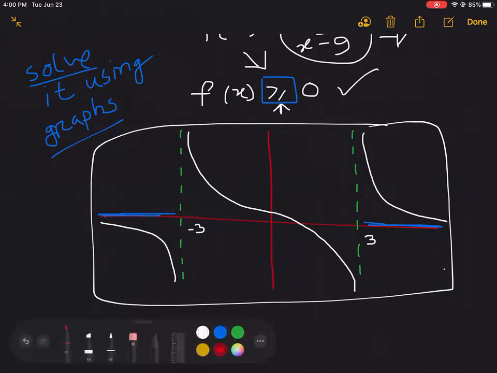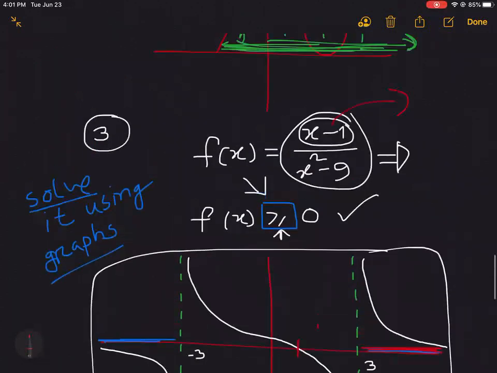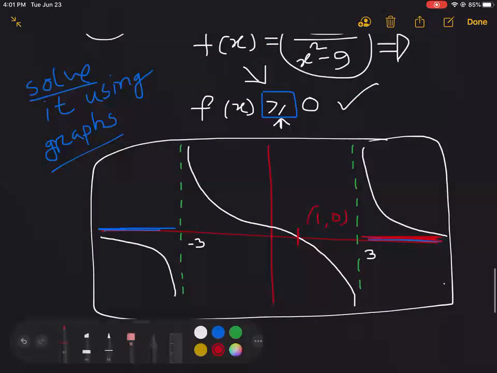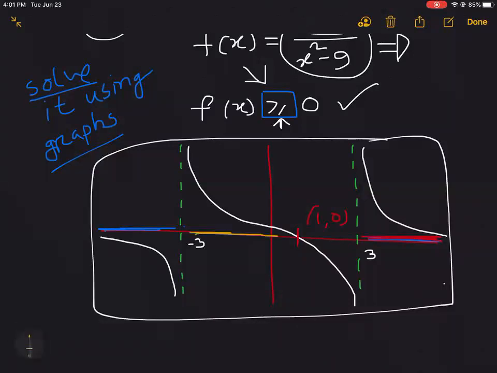Definitely from 3 to infinity, the graph will be at least 0 or more, okay? And as we have an intercept at (1, 0), for this interval as well, up to this point at (1, 0), our functional value is 0, right?